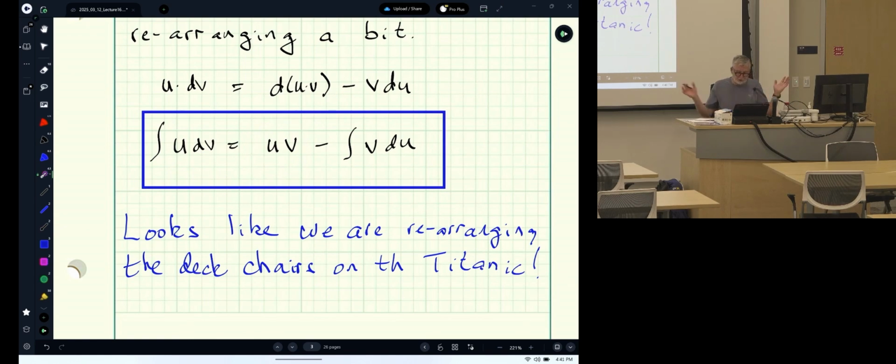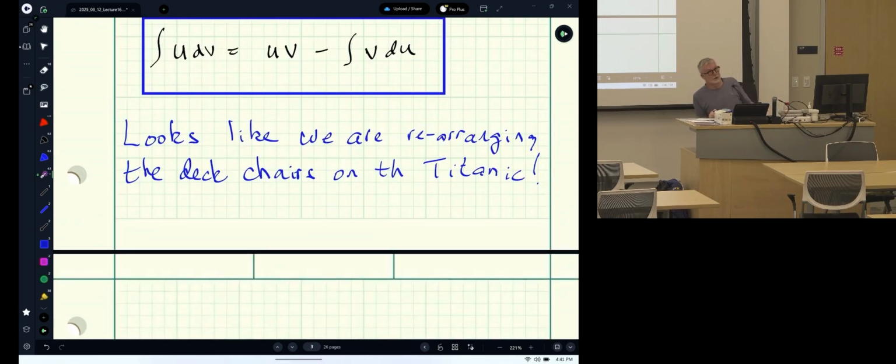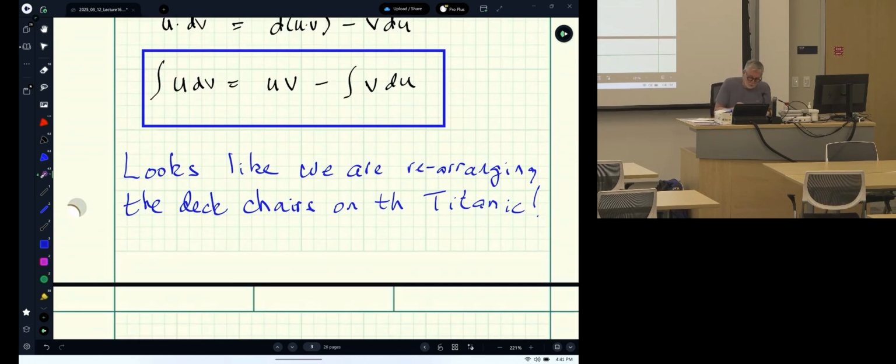There's no integration here, so that's for free. And then we exchange it for another integral. And as you guys know, and as my students next semester will learn, we hope that this integral is much easier to do than this one.